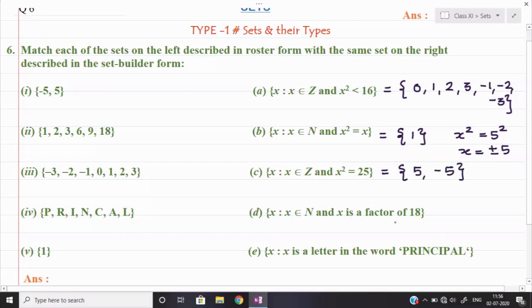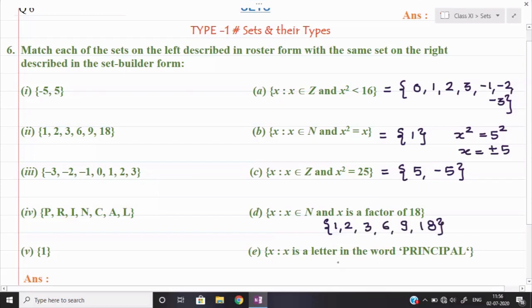x is a factor of 18. Who can be the factor of 18? Means those numbers which can divide 18. So first one is 1, then 2, 3, then I think 6, 9, and the last one is 18 itself. Okay, and then the last one they are asking, x is a letter of the word PRINCIPAL.